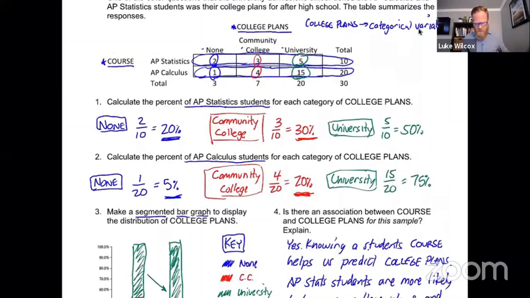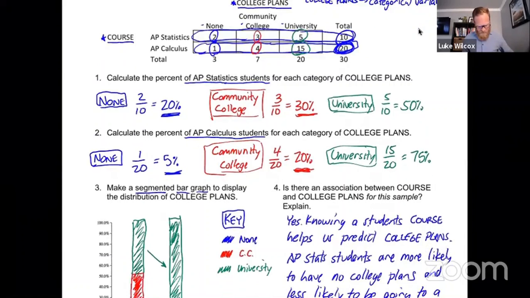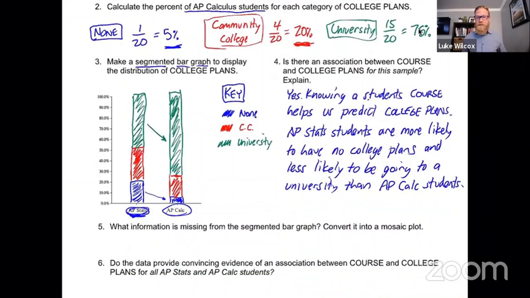And if you recall, the AP Calculus had twice as many in the sample size than AP Statistics. And you don't necessarily see that in the segmented bar graph. Okay, so the information that's missing is the fact that the AP Calculus sample size is double the AP Stats sample size.